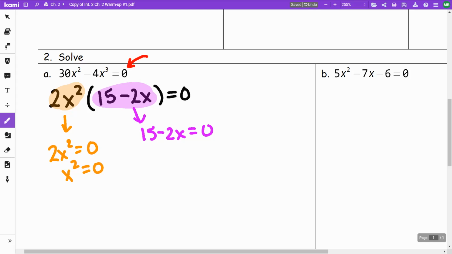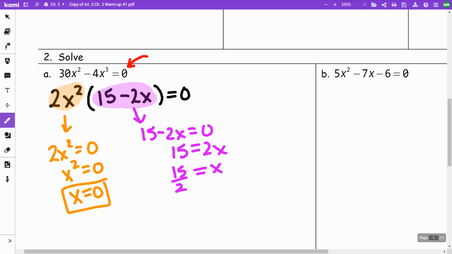I'm going to take the square root, and when I take the square root of 0, I get 0. For the other part, I am going to add 2x. That way that stays positive. And then I'm going to divide by 2. So I get 15 halves, or 7.5. And those are my answers.